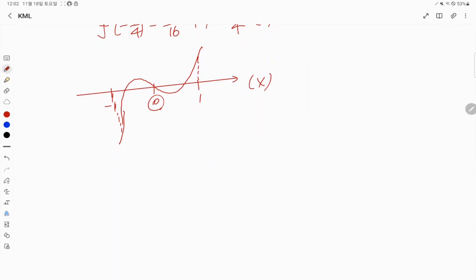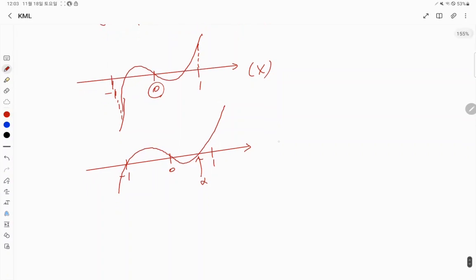So that means one of the roots should be an integer, and the other root should be less than the integer. So the first case is, let's say the negative root is minus 1 and the positive root is located between 0 and 1.